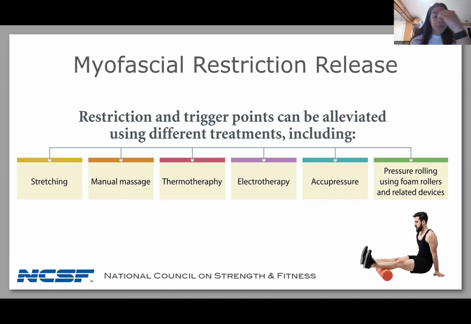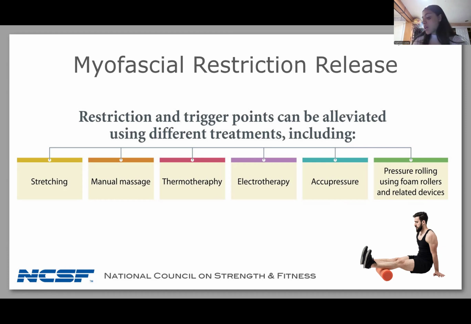Obviously, you want to warm up the body, either on a treadmill or bike, getting the whole body warmed up. You can lightly go over the skin, creating some sort of blush before you actually start to put pressure on that point. That will help the warm up. But yeah, that's how you're going to get a good myofascial release. You can also do the warm up with just heat pads alone.